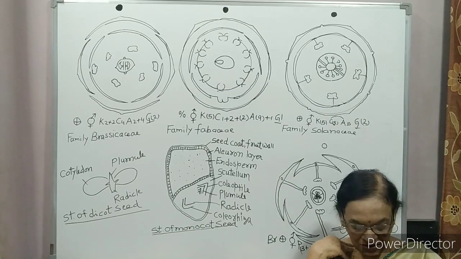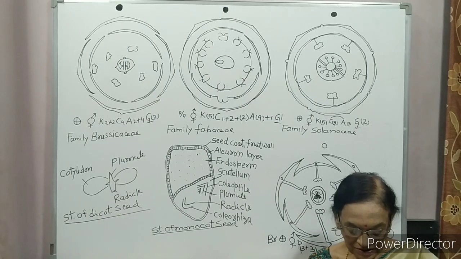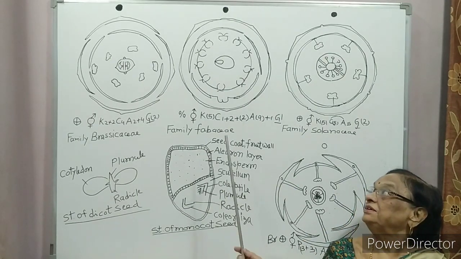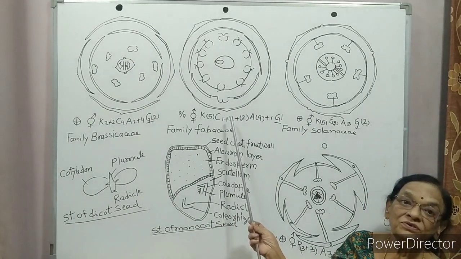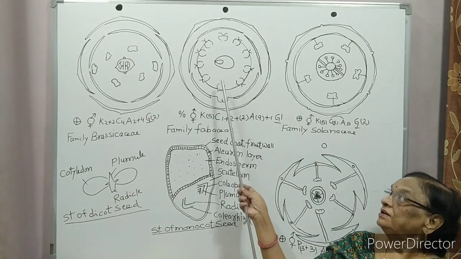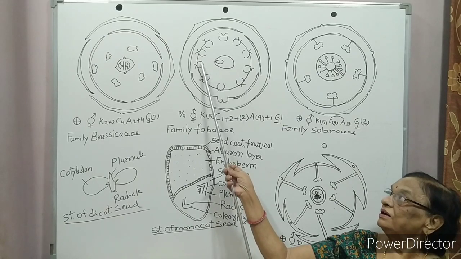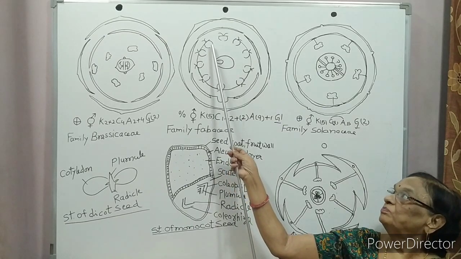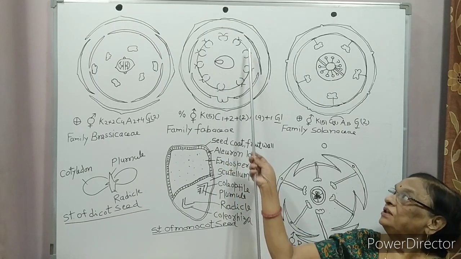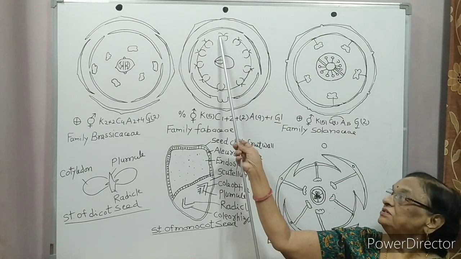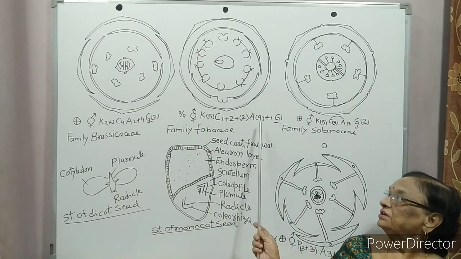Androecium 10. Diadelphous. Anther dithecous. Diadelphous means 10 stamens are arranged in two groups. One group of 9 stamens is fused and one stamen is separate.